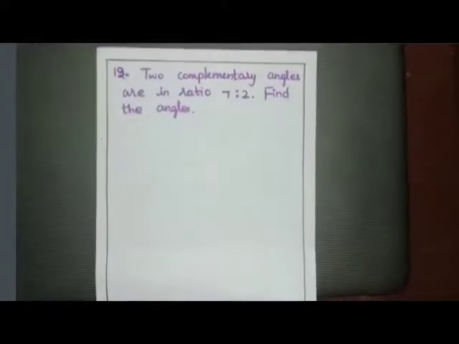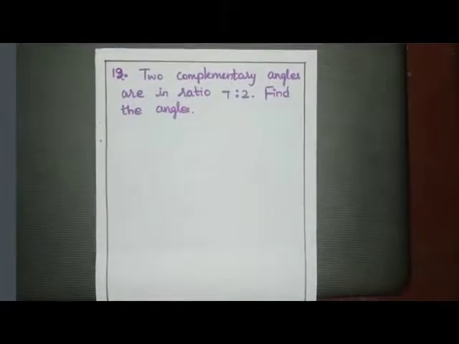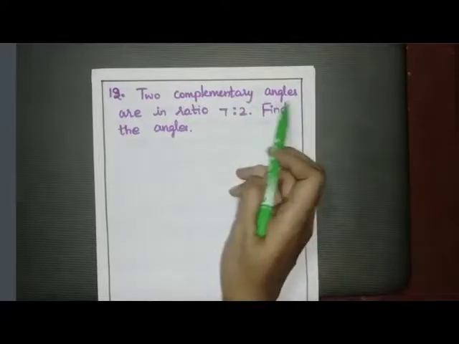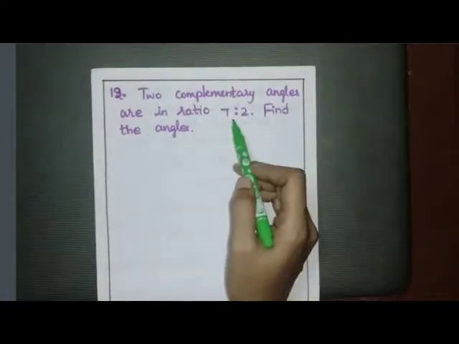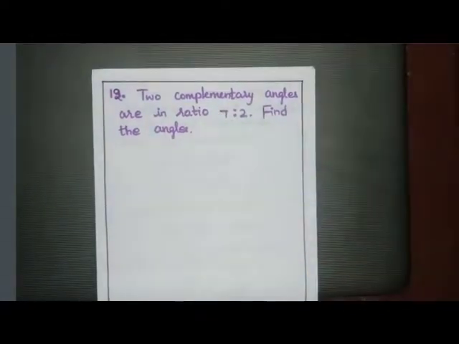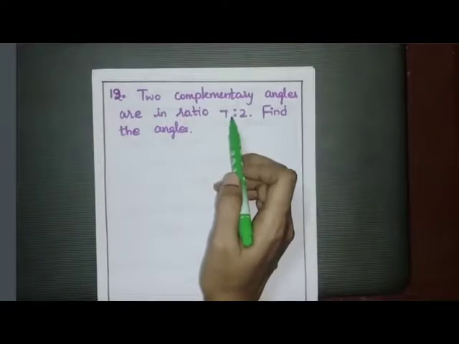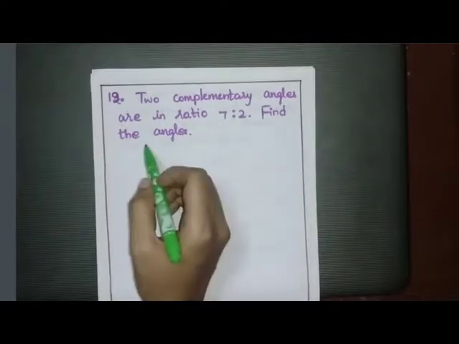Last problem. Two complementary angles are in ratio 7:2. Find the angles. You have to find the two angles. What is ratio?